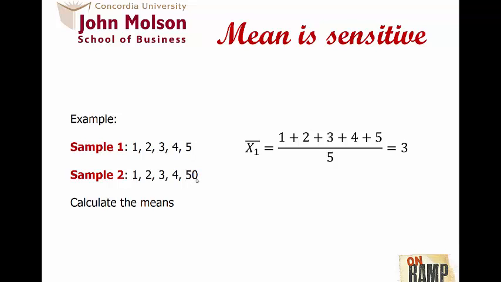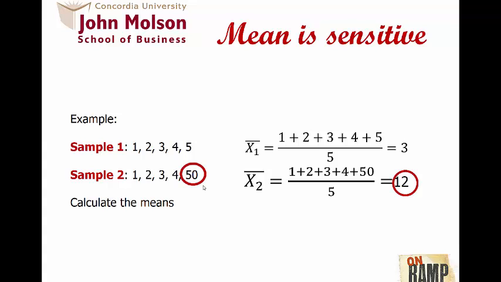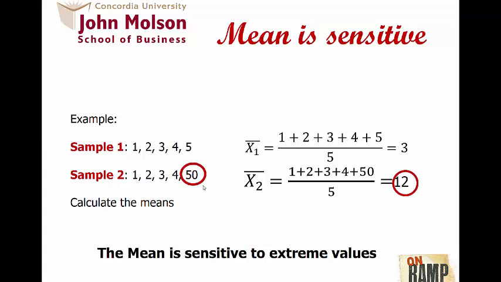Instead of 5, I've added a 0. Is it going to change my calculation? Of course it will. So it did have a big impact. Extremely small or extremely big values or errors will have an impact. For that reason, we say that the mean is sensitive to extreme values.